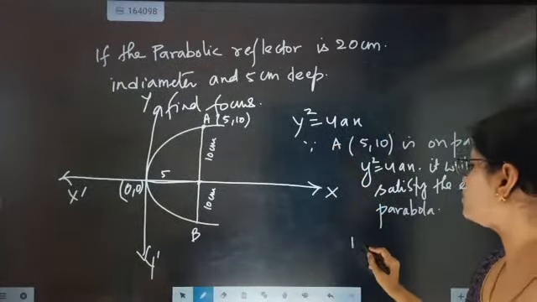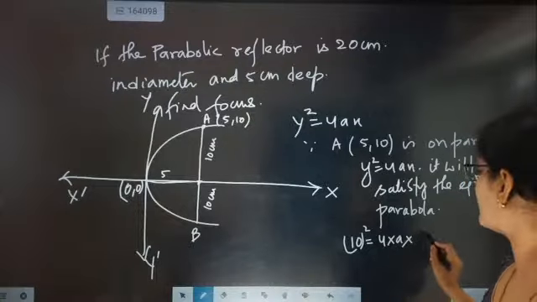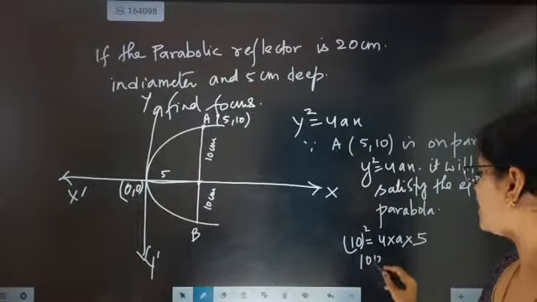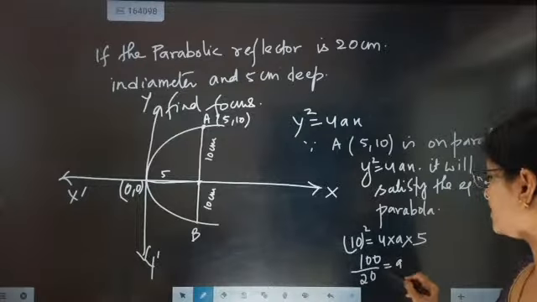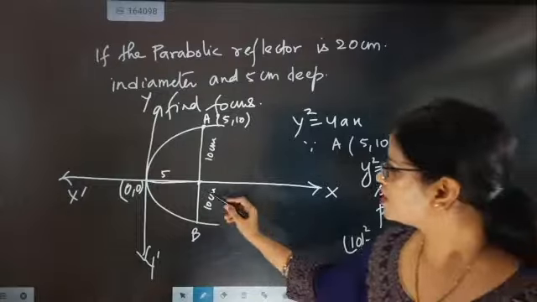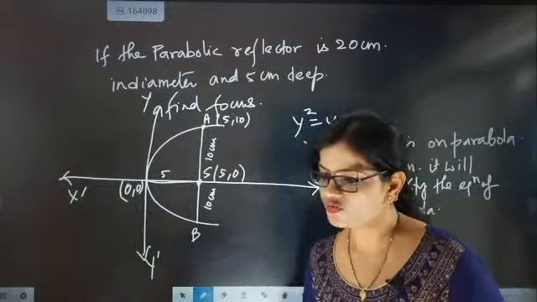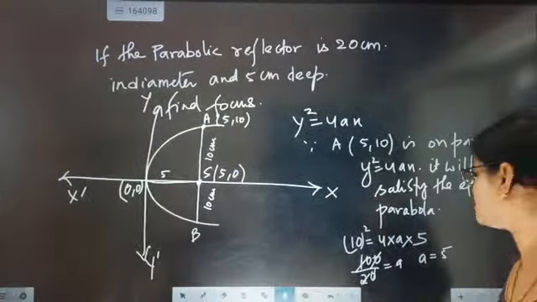Instead of y we put 10 square equals 4 into a into x, which is 5. So 100 by 20 equals a, so a is coming as 5. So the focus point S is coming as (5, 0). That's it. Story over beta.